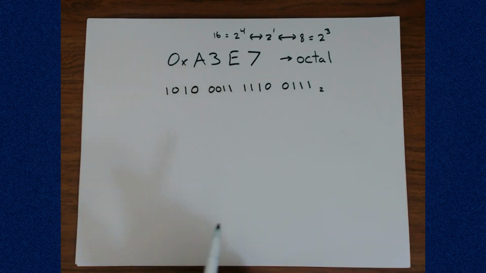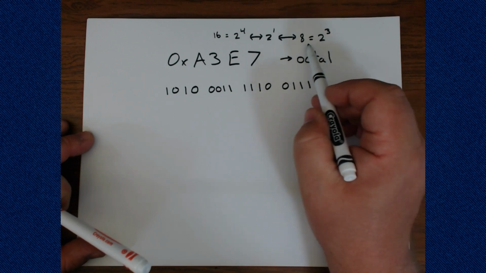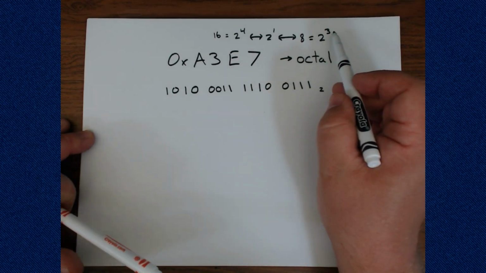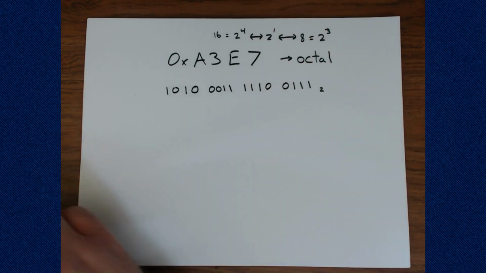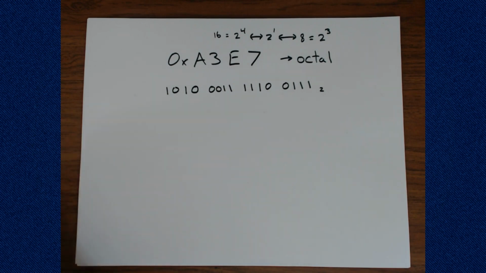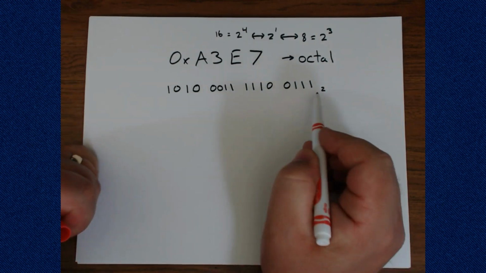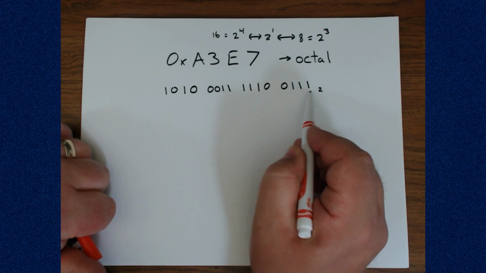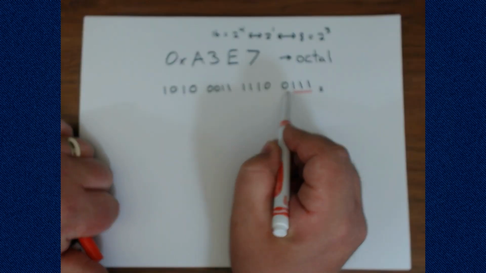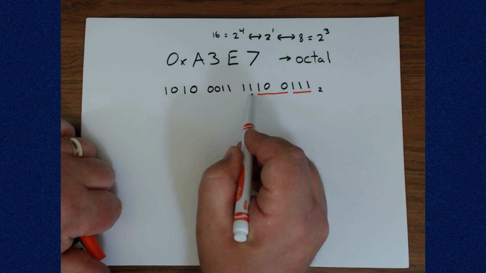We're on our path to converting our original value to octal. So now what we need to do is recognize that in octal, for every octal digit, there are 3 bits associated with it in a binary representation. So starting on the right-hand side with the least significant bits, we're going to identify each group of 3 bits as we move to the left.